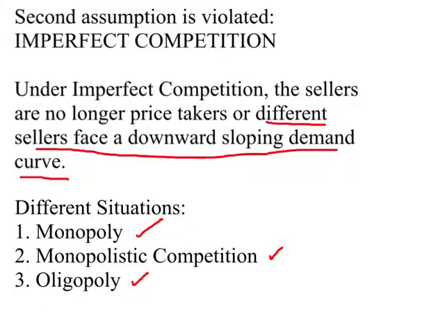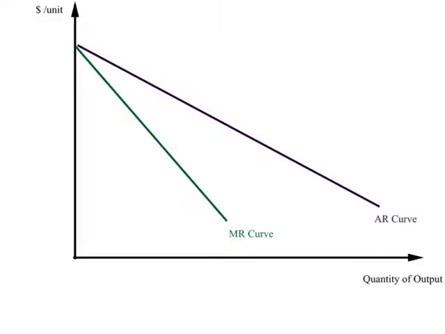And so when we drop the second assumption, this is the consequence in terms of the diagram: each seller will face a downward sloping demand. Now this is a diagram which applies to sellers facing a downward sloping demand curve. We already know the demand curve is the same thing as the average revenue curve.